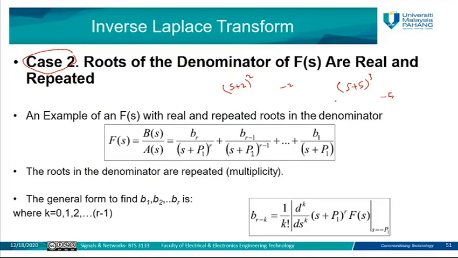So in this case, you need to apply a different method in order to solve for the partial fractions. If you have any other method to apply, you can apply it. But for this method, we need to rewrite the equation in this form, where we write B_R, B_(R minus 1), until we reach B_1, over (s plus p1) to the power of R, and so on, because all poles are the same.